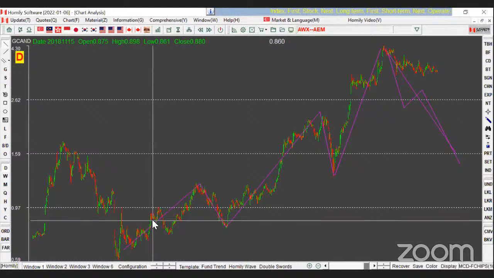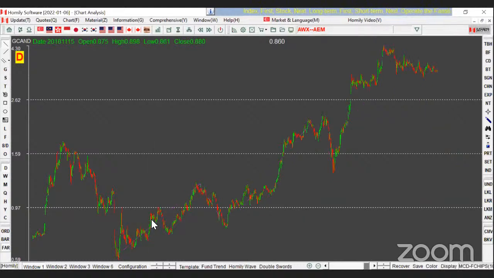So this is the difficulty in the application of wave theory. We cannot be sure which is the beginning and the end of a wave.